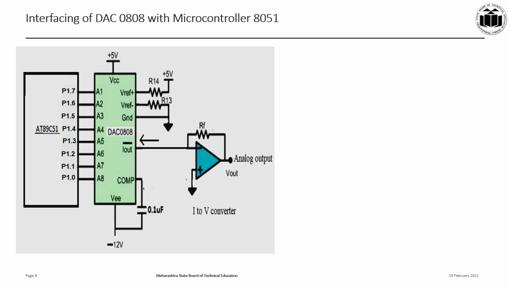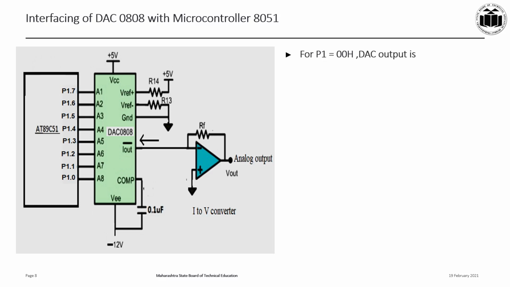When microcontroller outputs data on port 1, it gets sent to the digital input pins A1 to A8 of DAC, which converts this digital input into analog current form, which in turn gets converted to analog voltage by I to V converter.